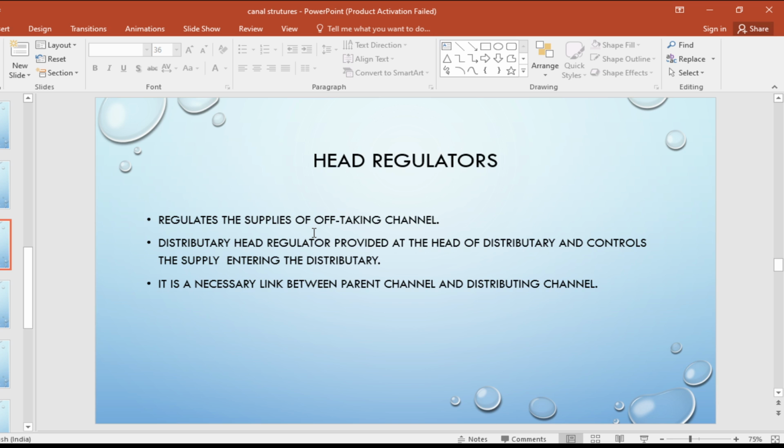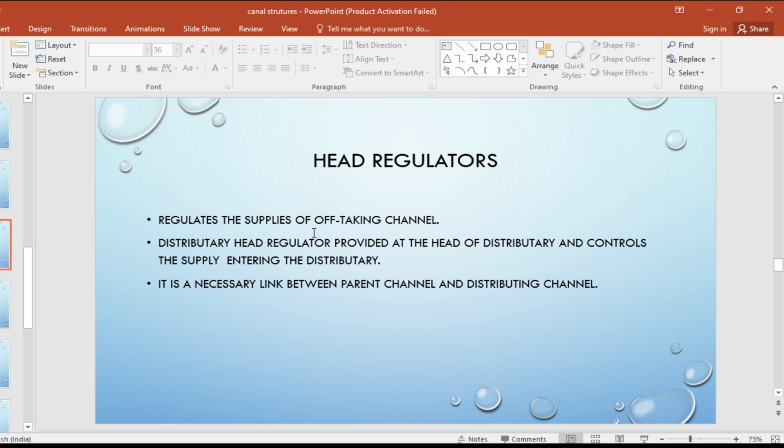It is at the head of the distributory, and it controls the supply entering the distributory. It is the necessary link between the parent channel and the distributory channel. The distributory head regulator is the link between your parent channel and the distributing channel.